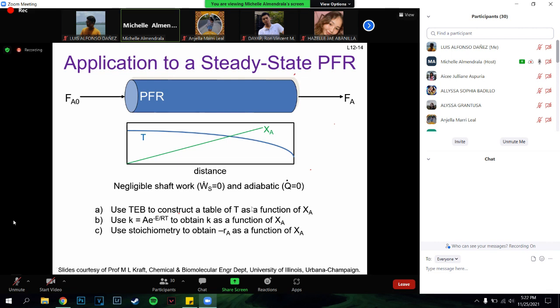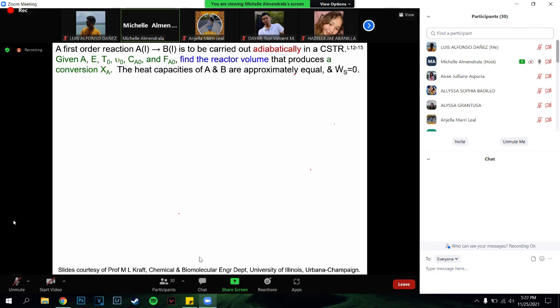And therefore, if you know T already as a function of X, you can measure K as a function of X as well. So you use stoichiometry to define RA and then use RA now in your equation to measure this volume. Okay, now this is a PFR. So it has to be a differential equation.